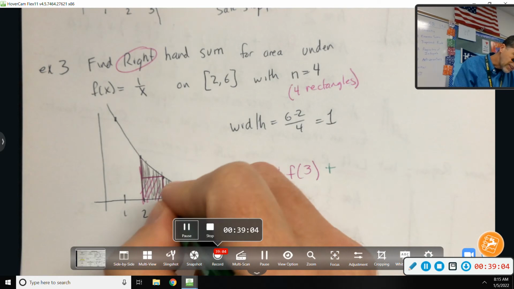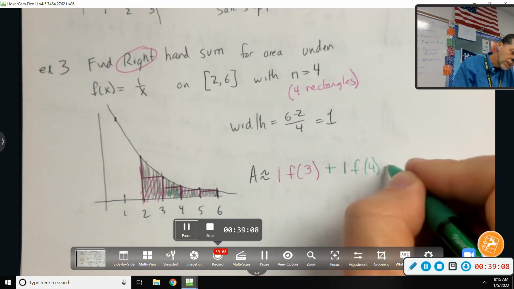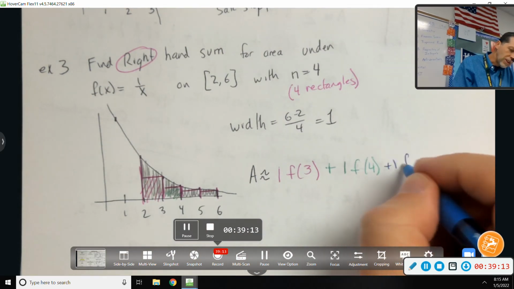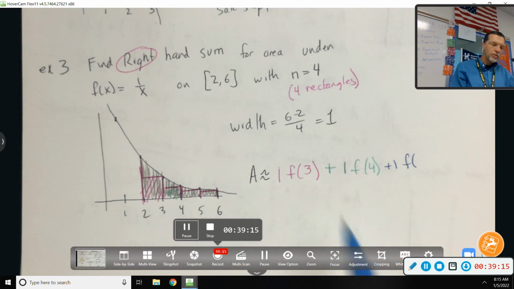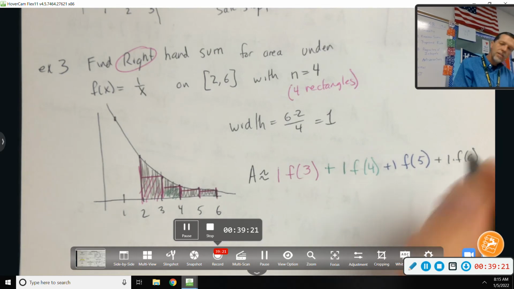Second rectangle, width of 1, f of 4. Again, you start doing these and there starts to be a pattern. F of 3, f of 4, f of 5. F of 6.